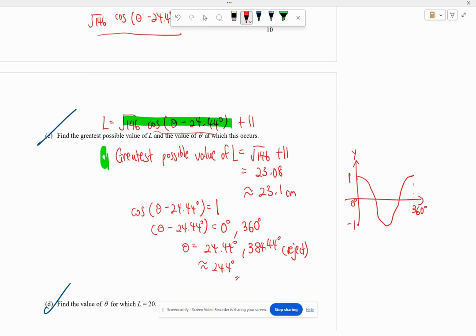Why? Because this one, remember, we say a graph, the maximum value comes from the amplitude. You can see the maximum and minimum value. You have learned graphs last time. Negative root 146, then plus 11.